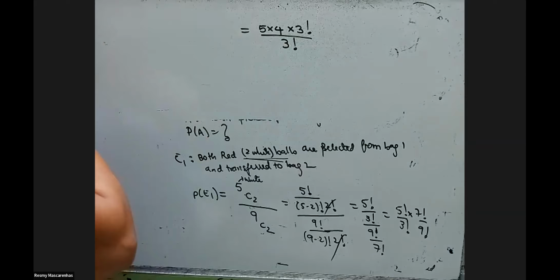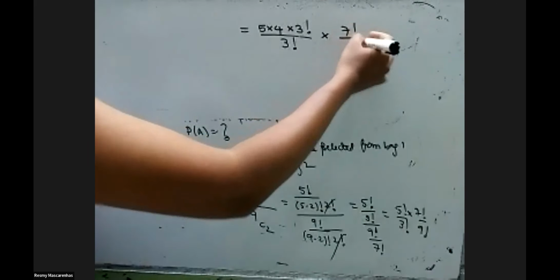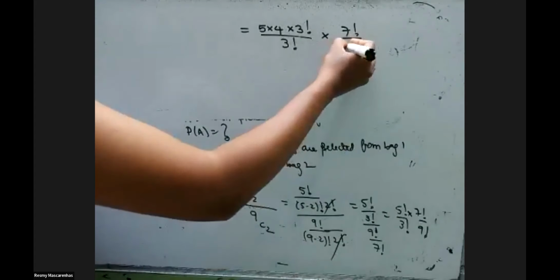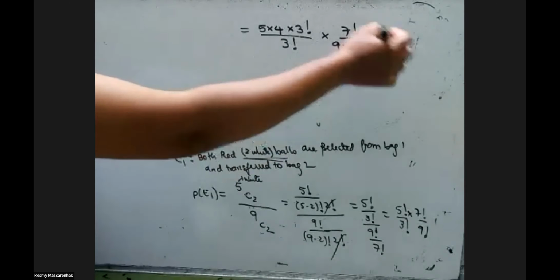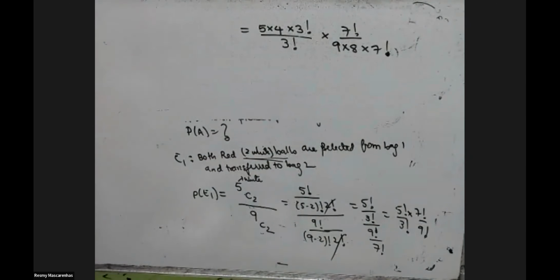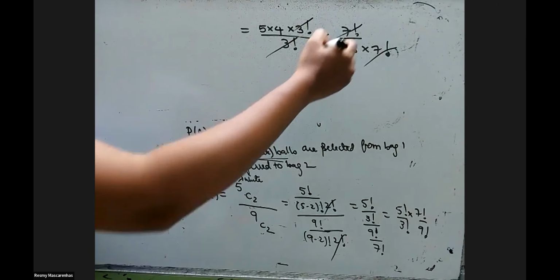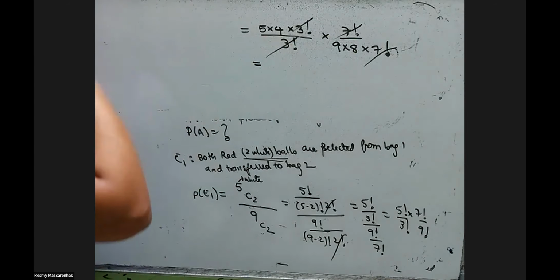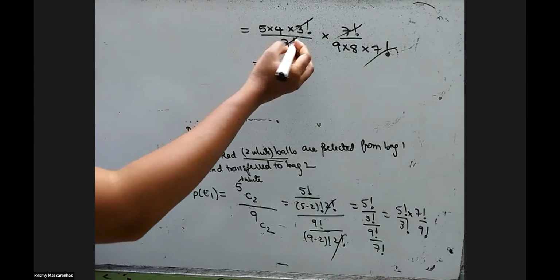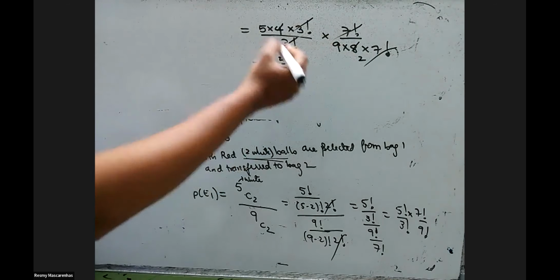You can stop here. Then the 7 I'll keep here. 9 I can always split as 9 into 8. The moment you reach the other one, you stop. So 5 by 18 will be the answer.